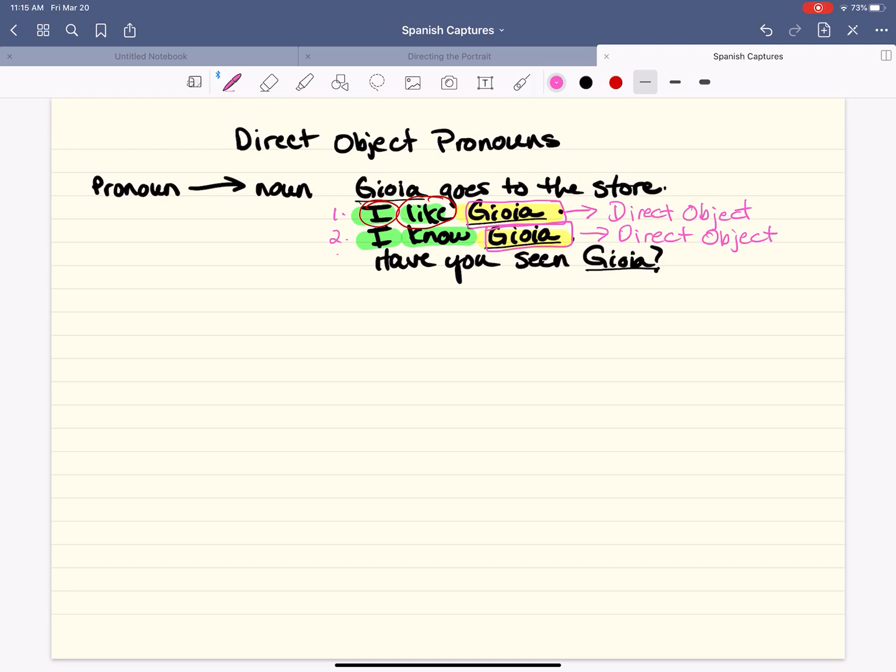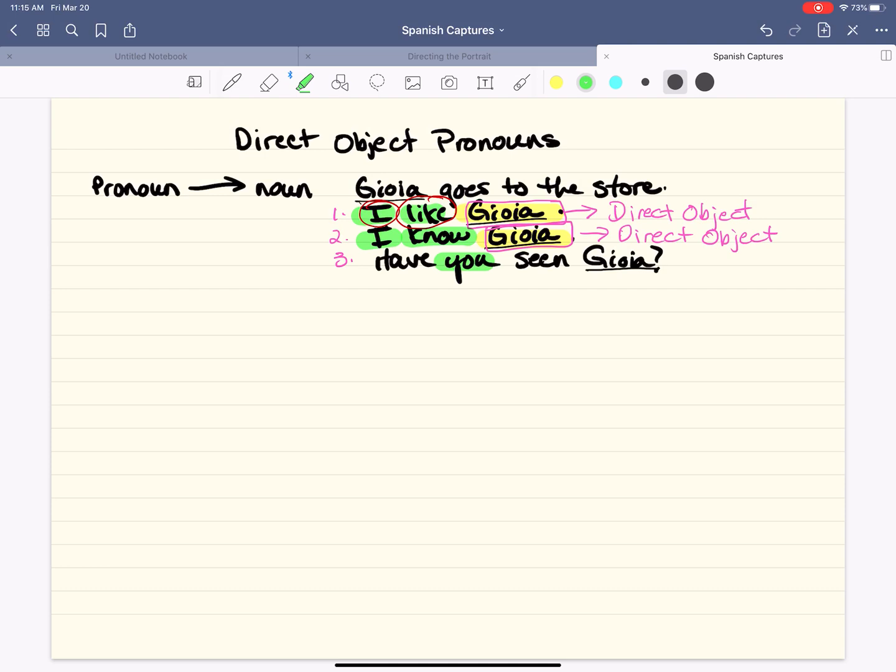Let's do our number 3, this little sentence right here. Have you seen Joya? Alright, so let's go back to highlighting. Now, who is the subject of this sentence? It's not I, because I'm asking the question. You are the subject.